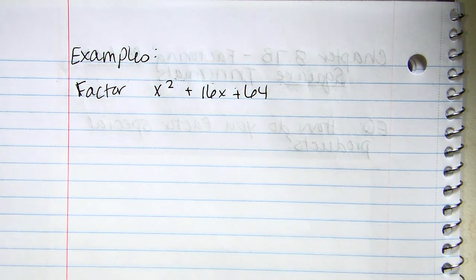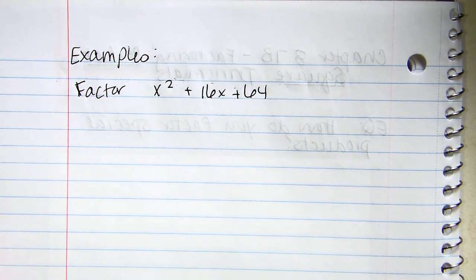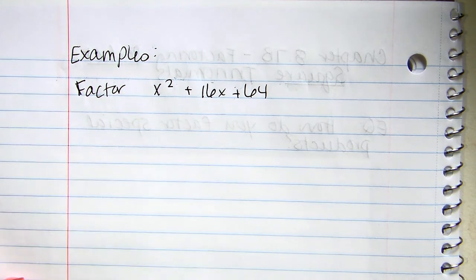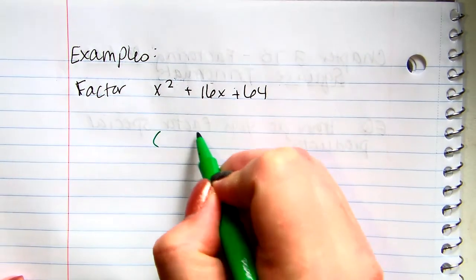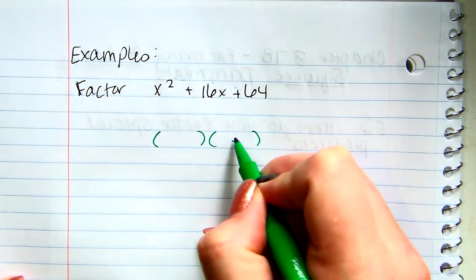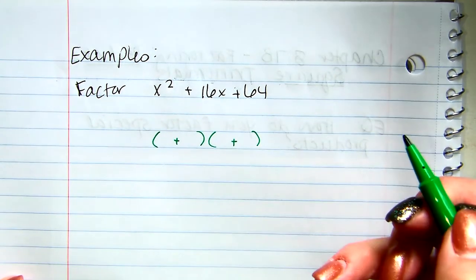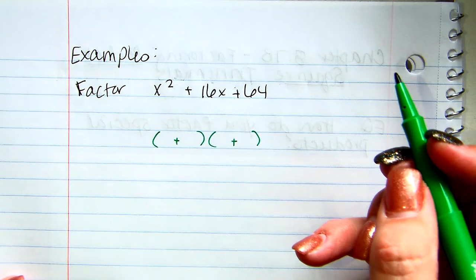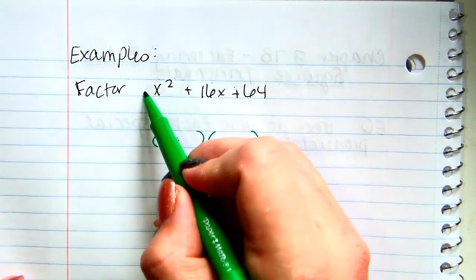Next, when taking a look at our examples, we have x squared plus 16x plus 64. This type of trinomial is a positive positive, so in our parentheses we are going to have 2 plus signs. Now again, we're going to find the square root of the first term, which in this case is going to leave us with x.